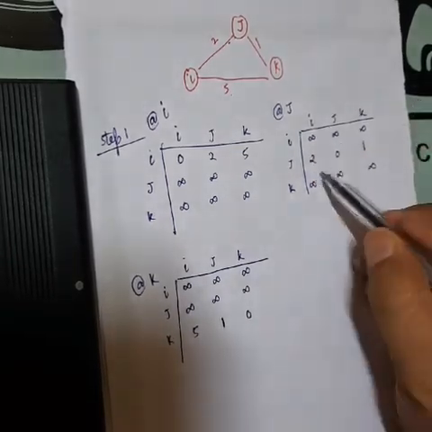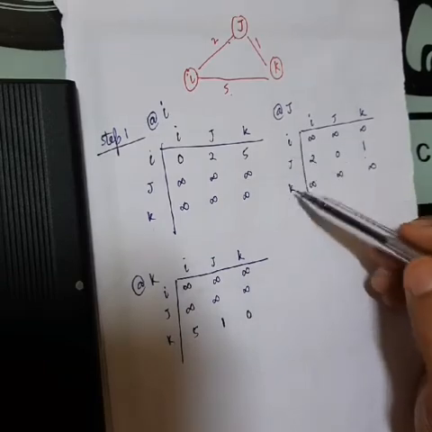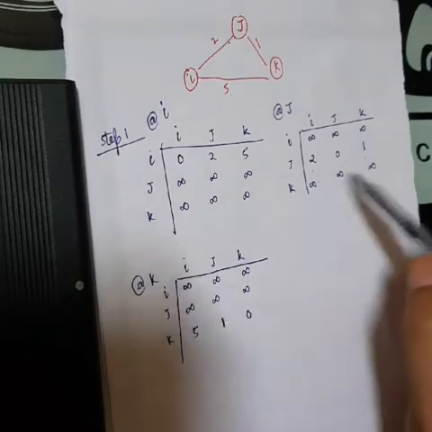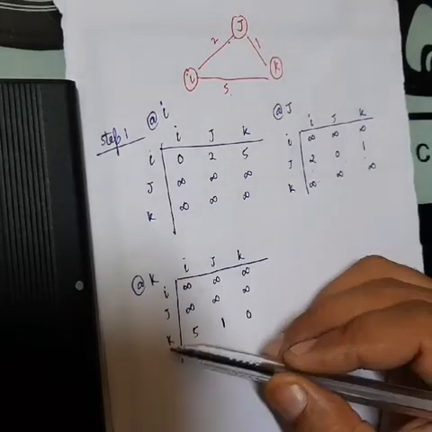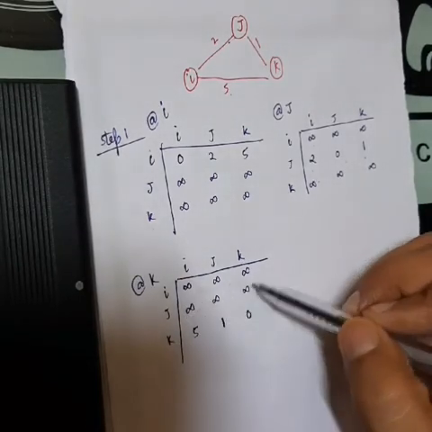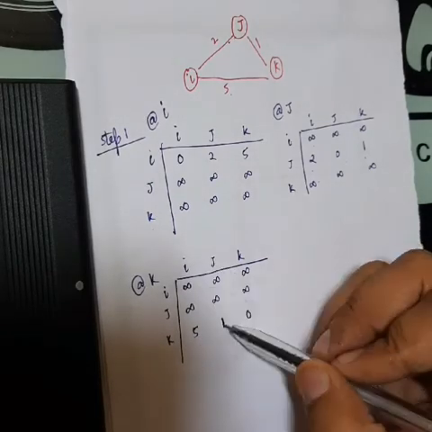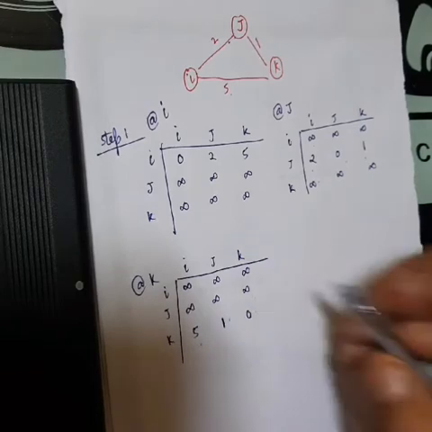So at j the values are 2, 0 and 1, and for the other nodes the value is represented by infinity. For k, similarly, the other nodes contain infinity, and k reflects the value 5 from i, 1 from j, and from k itself it is 0.